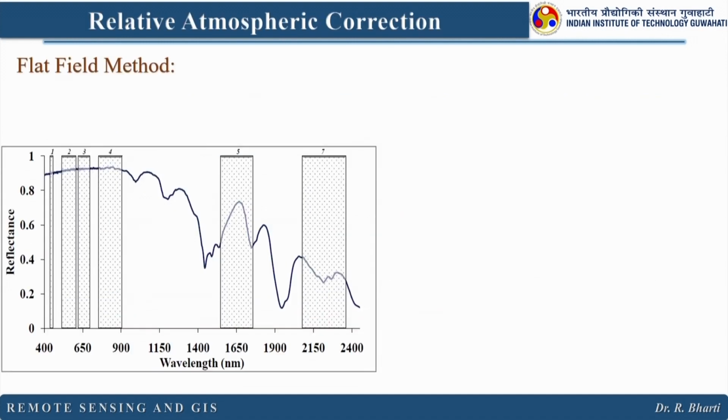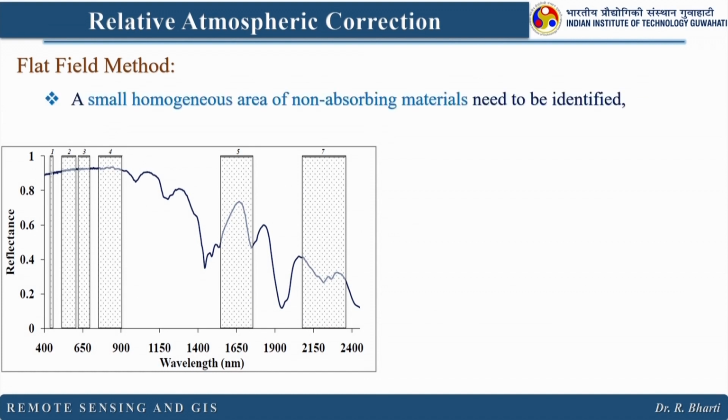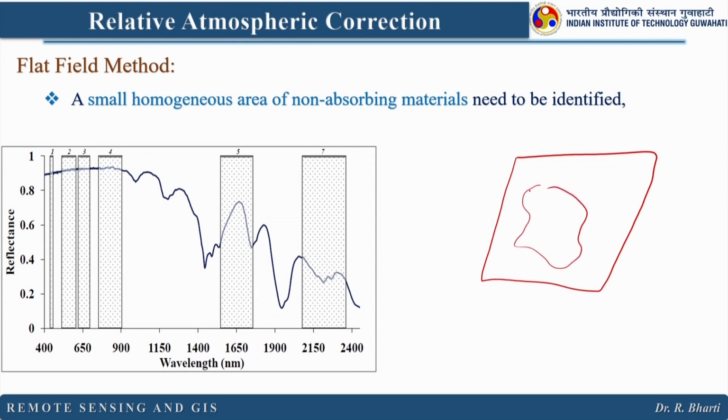The first one is the flat field method. A small homogeneous area of non-absorbing material needs to be identified. What does it mean? Suppose you have an image and you have a water body. In the water body, the central area will have no effect of soils.